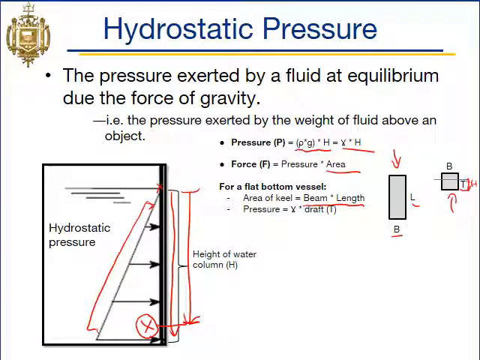T is draft. Now we can turn that into a force equation. Buoyant force is going to equal our pressure, which is gamma times T, times our area, which is the beam times the length.